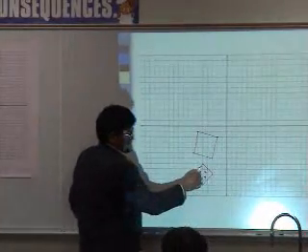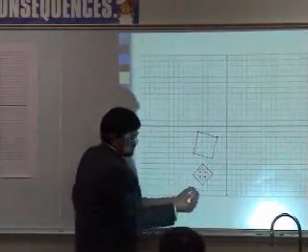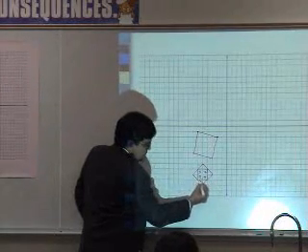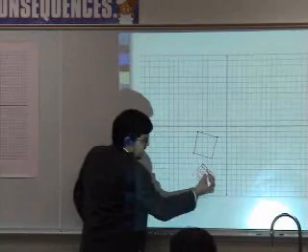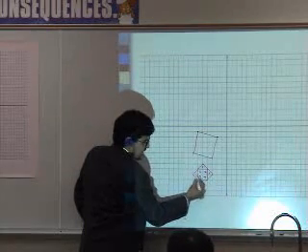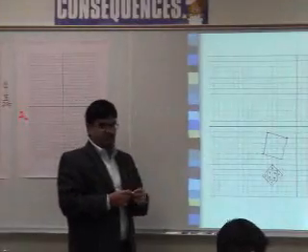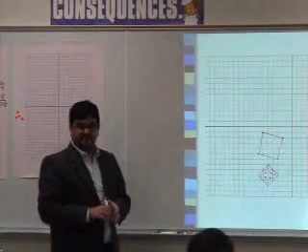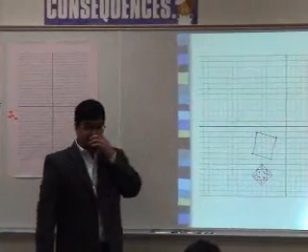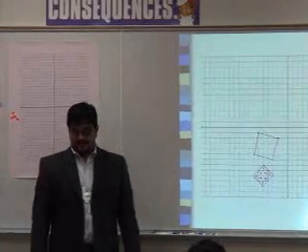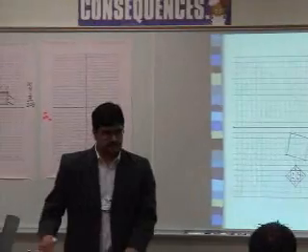So these two halves are going to make another whole square. These two halves, and these two halves, and these two halves. So I have 4, 5, 6, 7, 8. Does everyone believe me that the area of that square is 8 by adding the pieces? Okay, that is the additive model.